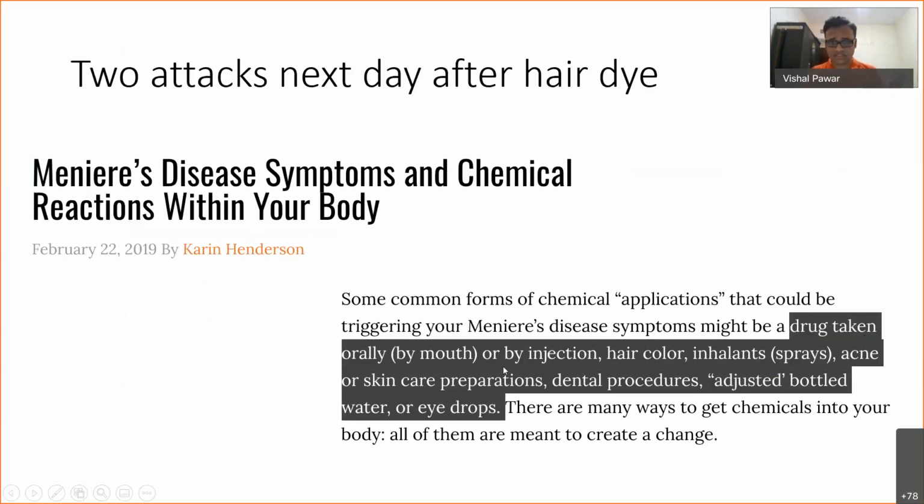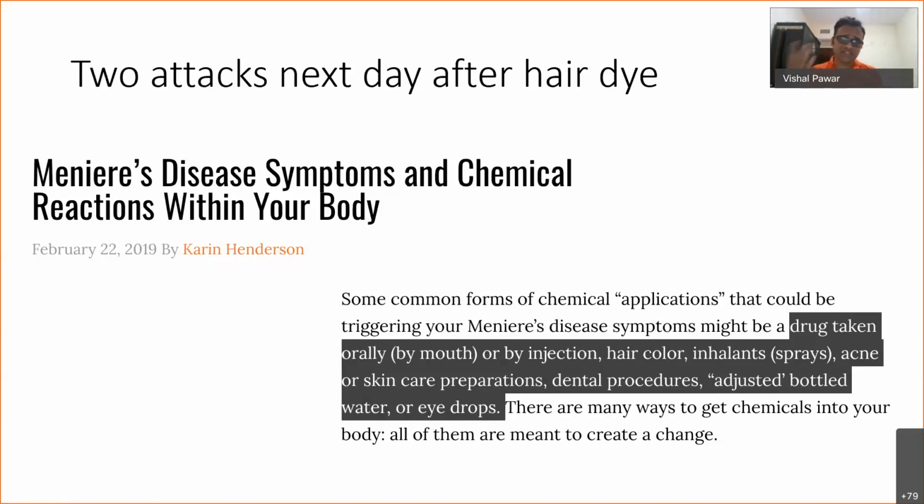For example, drugs taken orally or by injection, hair color, that hair dye can trigger an attack of Meniere's, inhalant sprays, acne or skin care preparations, dental procedures, and bottled water or eye drops. These are other chemical applications which can trigger Meniere's disease that I came to know.